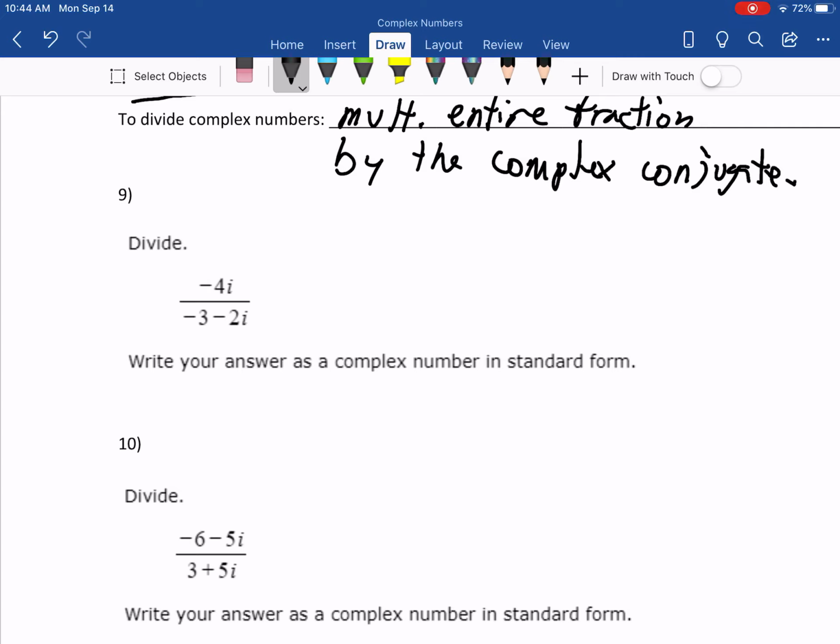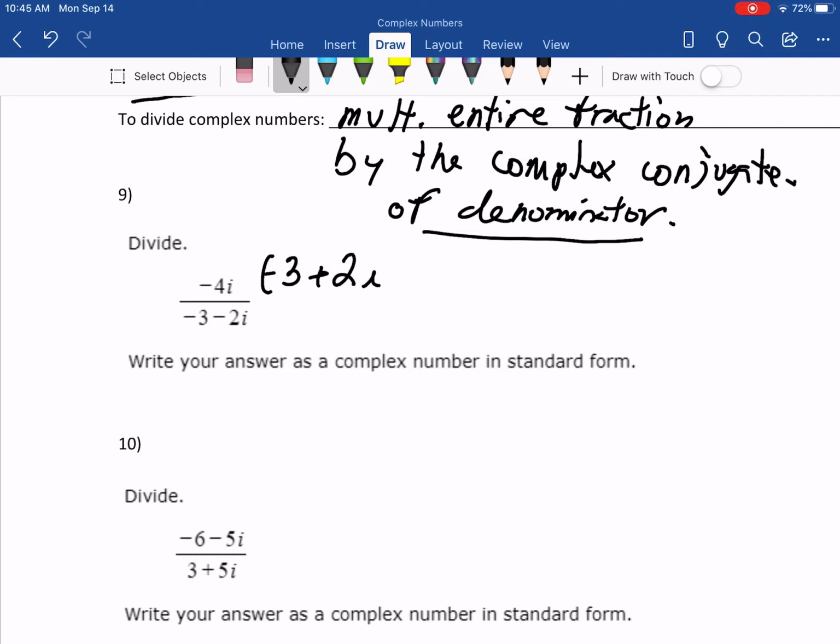All right, so let's take a look at how this works in number 9. Complex conjugate of the denominator. Important detail. In number 9, the complex conjugate here is going to be negative 3 plus 2i. So the numerator is going to get multiplied by negative 3 plus 2i, as well as the denominator. Okay, and we'll simplify.